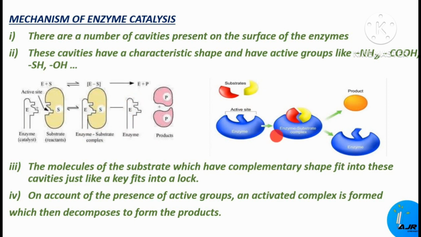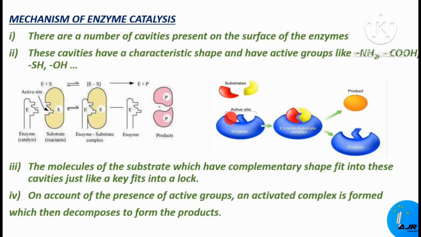Now, let me explain with this image clearly. This enzyme has the active sites and the substrates also have a particular complementary shape to that of the active site, so that it can easily fit into this enzyme. And finally it forms an enzyme substrate complex like this, is it not? In this complex, the substrate molecules are placed in the right orientation.